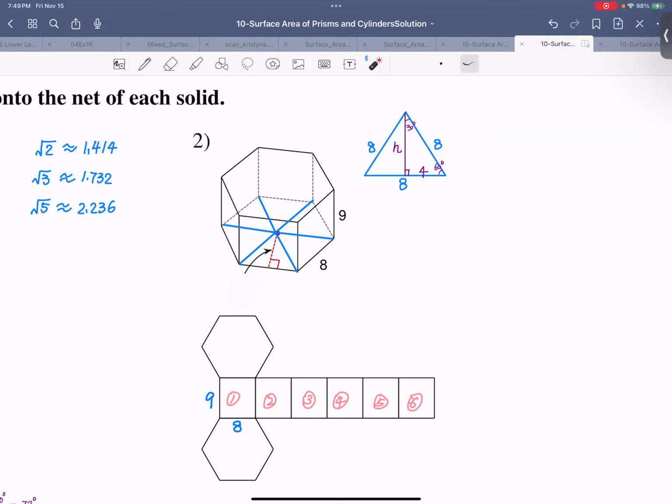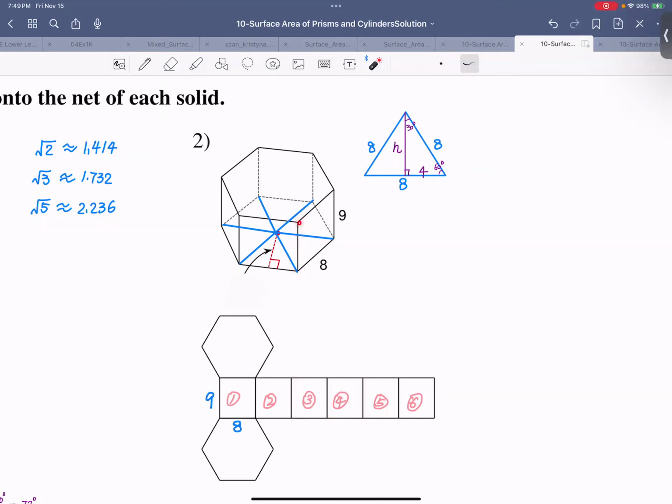Finish the triangle area calculation, and then you times by 6. This is composed by 6 of the equilateral triangle. You times by 6 and then double. That's going to give you the top and the bottom surface area. And then you can also cut this and open it.